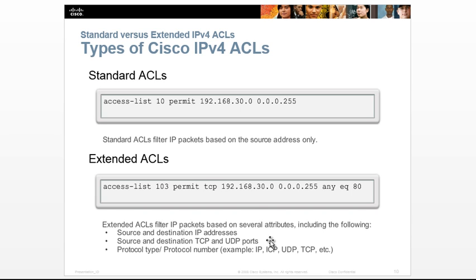And at the end, they put any eq 80, which means anything equal to port 80 is permitted TCP traffic. So basically, this extended ACL command will allow us to open that up specifically for a web server, because port 80 is our web traffic.